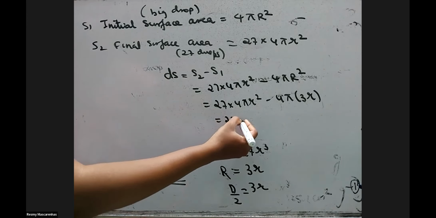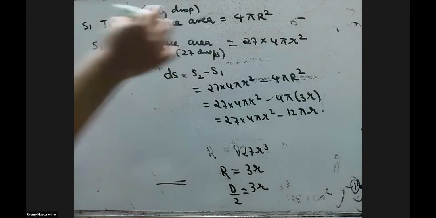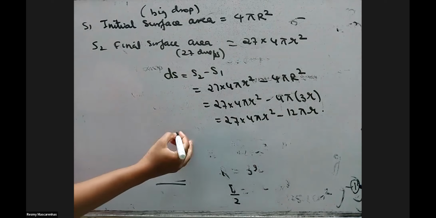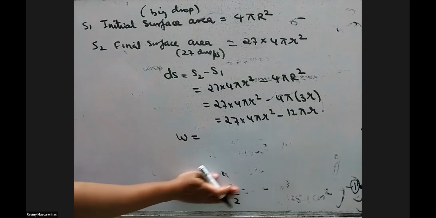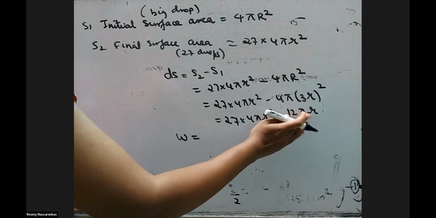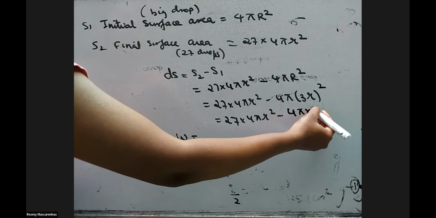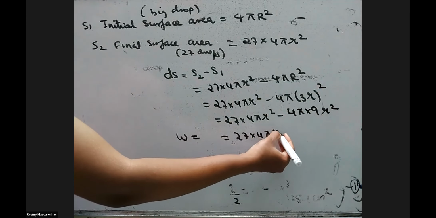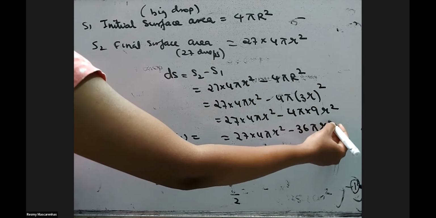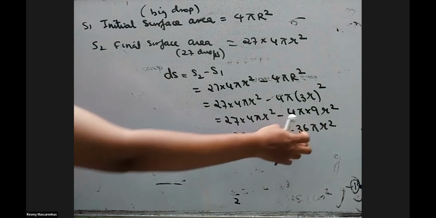So 27 into 4 pi r square minus 12 pi r, and work done will be nothing but... R is a square, no? Wait one second. So this will be 4 pi into 9 r square. So 27 into 4 pi r square minus 36 pi r square. So multiply this and then minus from here.